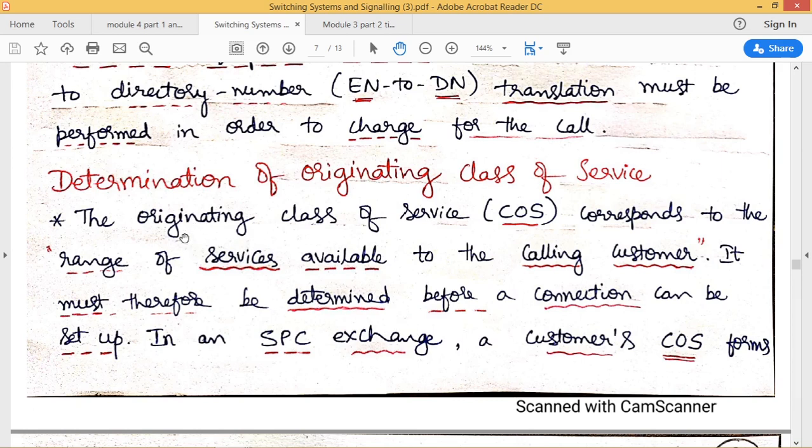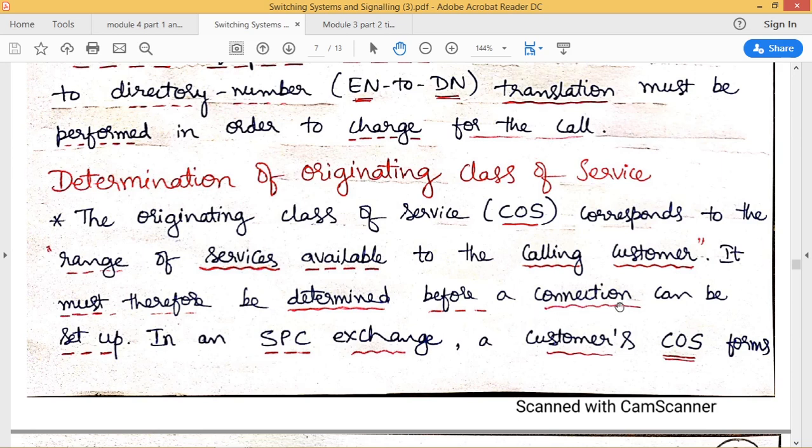For example, whether the end user is supported with video call, or whether the end user is supported with only audio call. What services are provided for that particular end user by the switching system should be determined by the exchange.